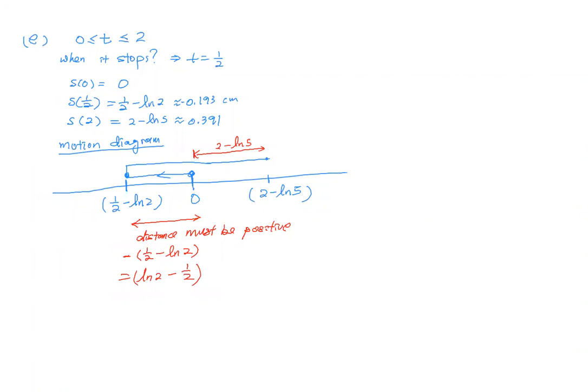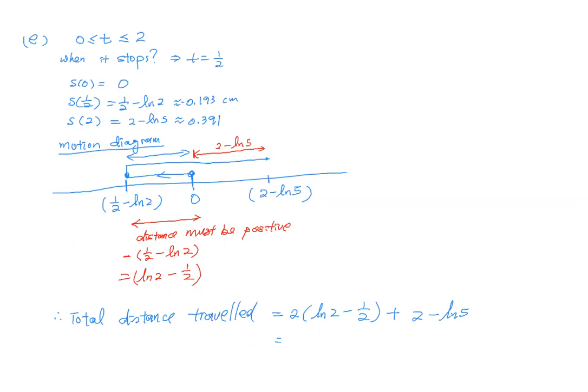So therefore, the total distance traveled will be equal to this distance, and here it is twice, correct? So 2 times (ln 2 minus 1/2) plus 2 minus ln 5.